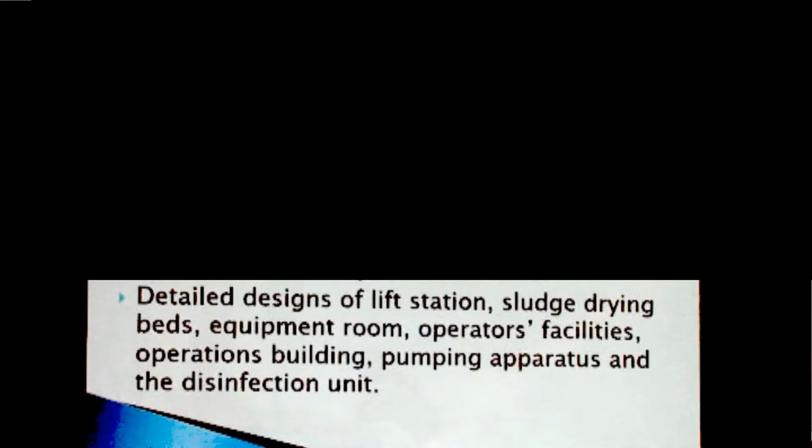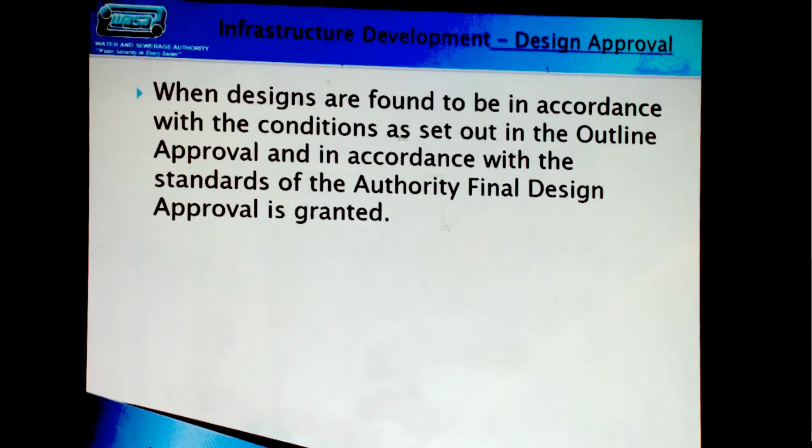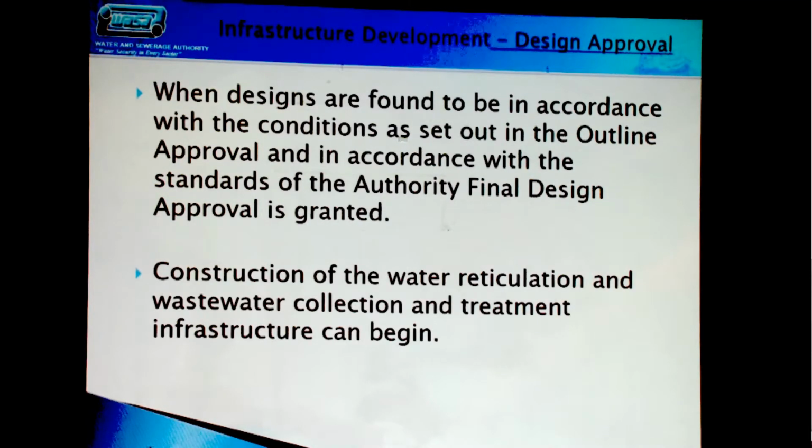So you submit all these designs to us, and we would review the designs. So when we find that based on the designs that you would have submitted to us, that they conform to the outline approval and the Water Pollution Rules and so on, then we go ahead and give you design approval.